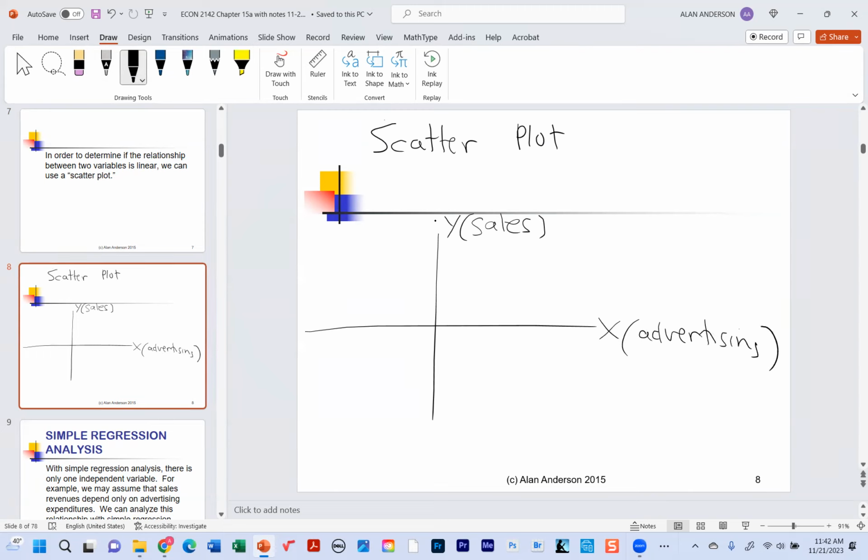So what you're typically going to do is gather up data. And let's say that you go out and obtain data for your sales and your advertising for the last, say, 20 years. The way this works is that each point in this plot represents a single year's sales and advertising. So this point I'm showing you here, for example, might be 2020 sales and advertising.